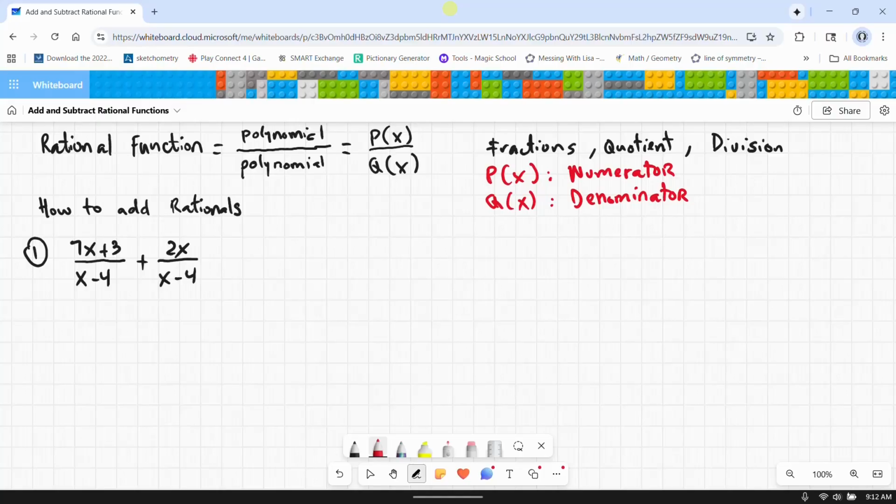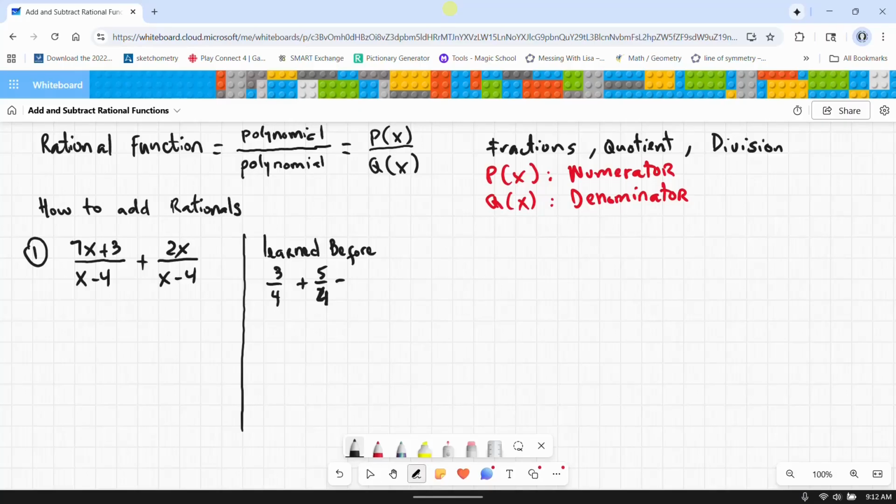Let me show you what we learned before with fractions. If we have 3/4 plus, let's say, I just make something up, 5/4.